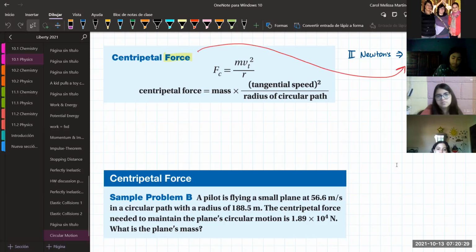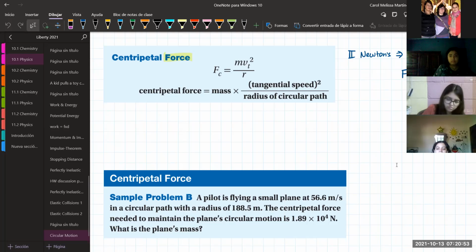Now take a look at this. Because you know that force is equal to mass times acceleration, then centripetal force is going to be equal to the mass of the object, but this time we're not going to use normal acceleration, we're going to use centripetal acceleration.